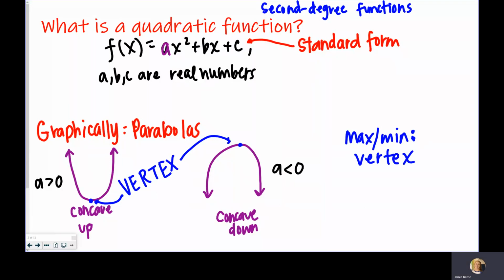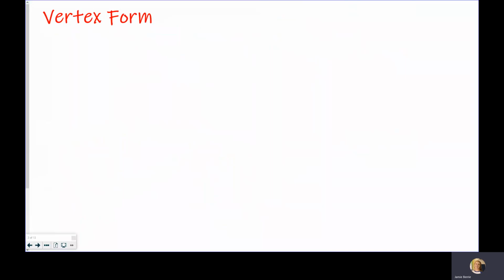All right, so let's talk about how to identify the vertex. The easiest way to identify the vertex is when the quadratic function is in what we call vertex form. So this is what vertex form looks like. This is just another way that you can write quadratic functions.